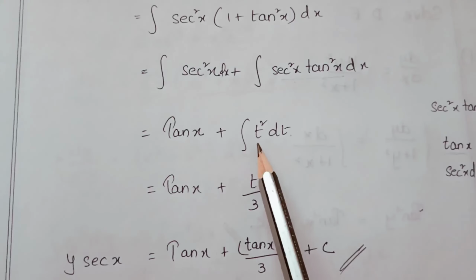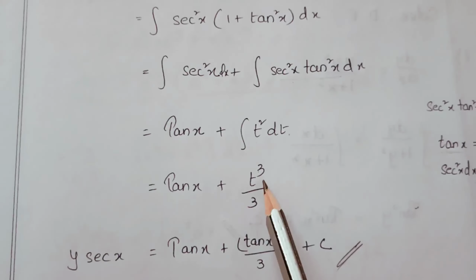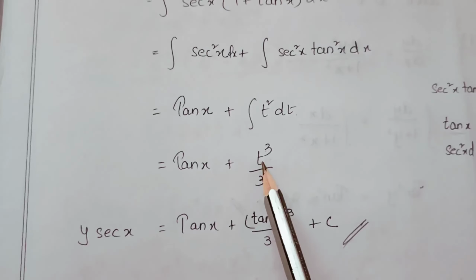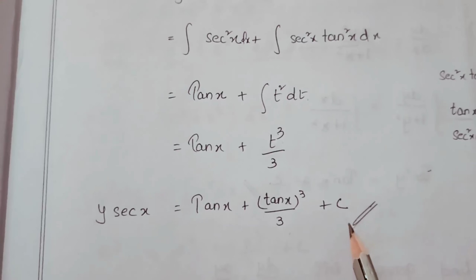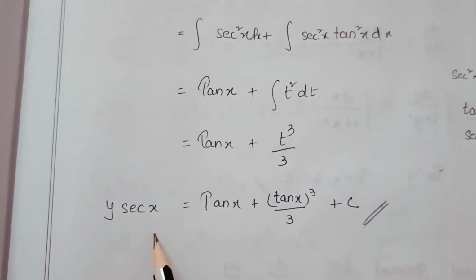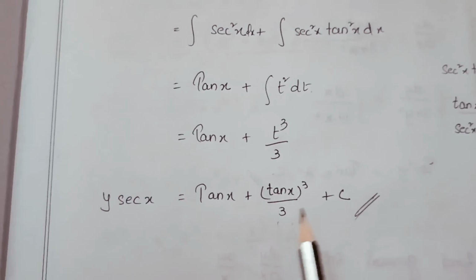Integration of t square is t cube by 3, that is 2 plus 1 is 3. Then t is nothing but tan x, so tan x whole cube by 3. See, this is an important question. The final answer: y secant x is equals to tan x to the power 3 by 3 plus c.